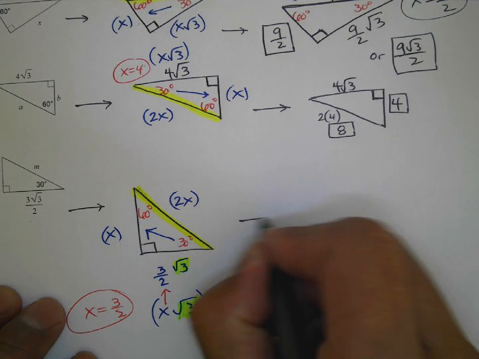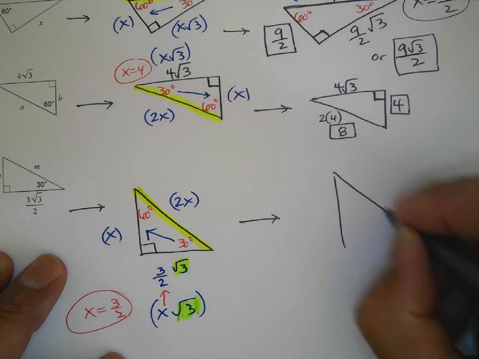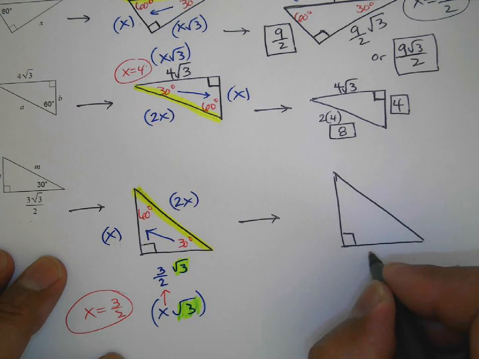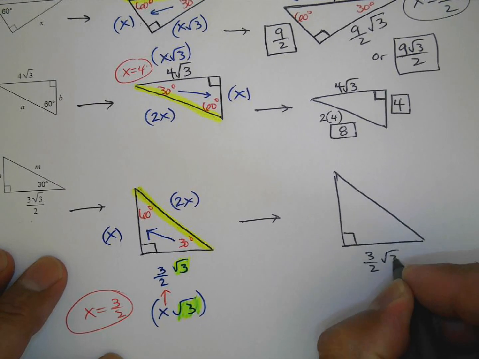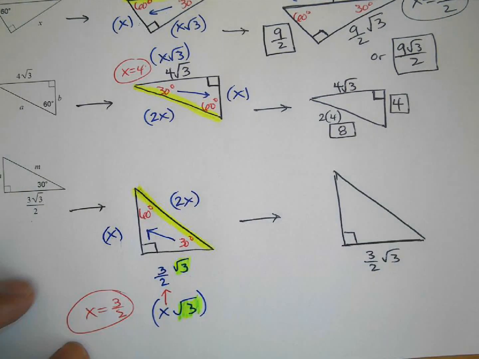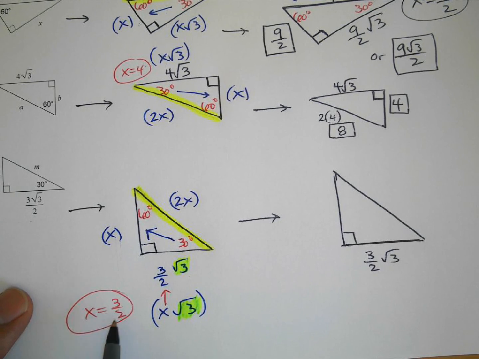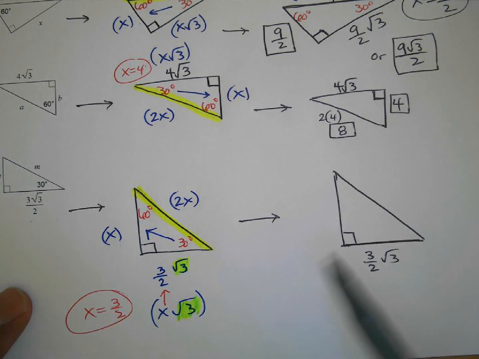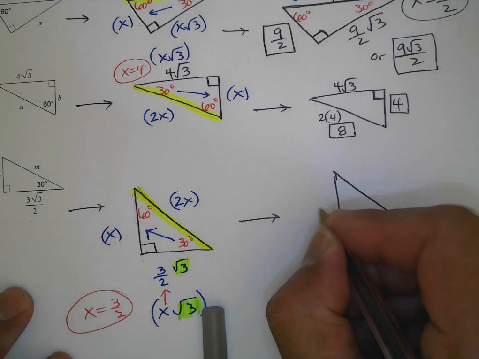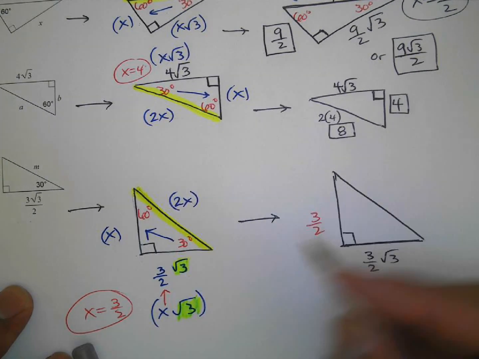So now writing down this answer, this side is already 3 over 2 root 3. That's not going to change. This is my value of x, 3 over 2. Which is my x side? This one. So that makes this one 3 over 2. That's x.